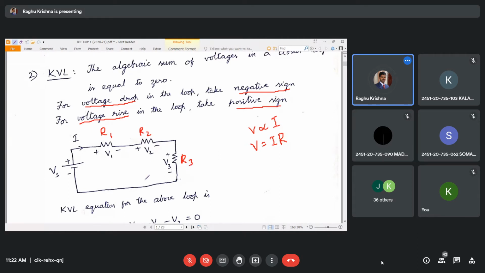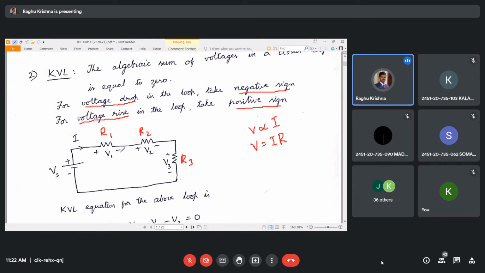Okay. So here understand this diagram. So we have a voltage source, positive terminal, negative terminal, and when the circuit is closed, current will be flowing through the circuit. So here I is the current flowing through the R1, R2, R3 resistors. When a current flows through a resistor, there will be a voltage drop, indicated with plus to minus.